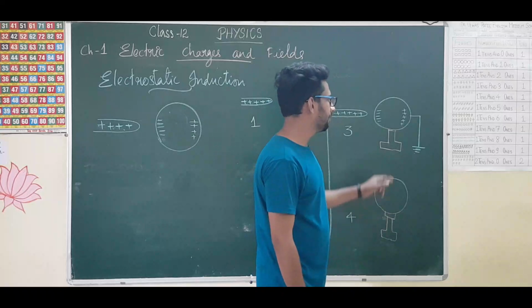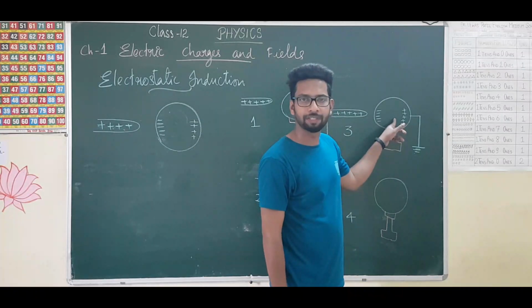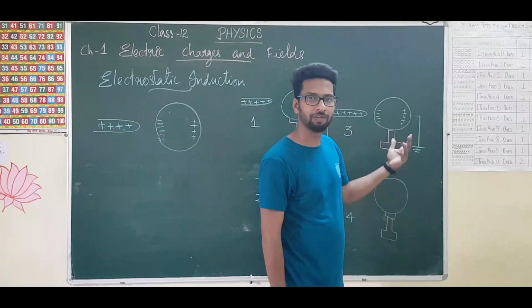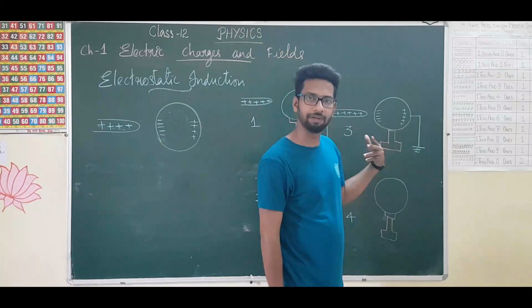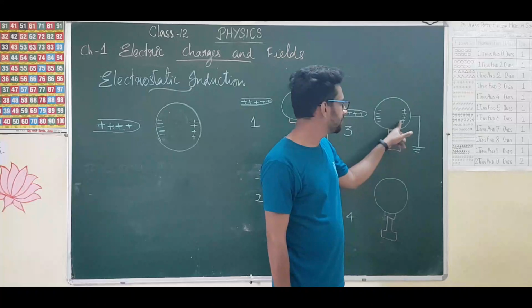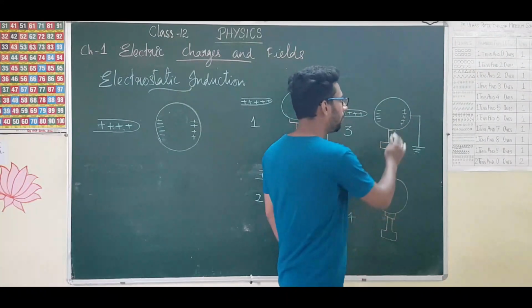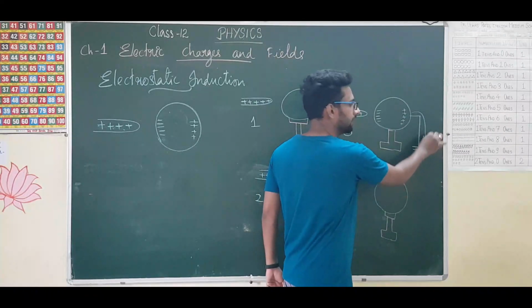When you earth, it means the transferring of charges from the charged body to the earth. The earth has the capacity to send as well as receive large amounts of charge. Since the positive charges are there, if you earth this end, all the positive charges will move towards the earth.